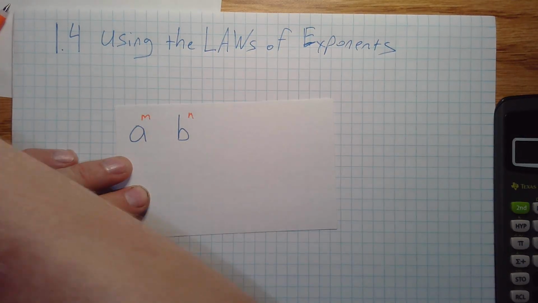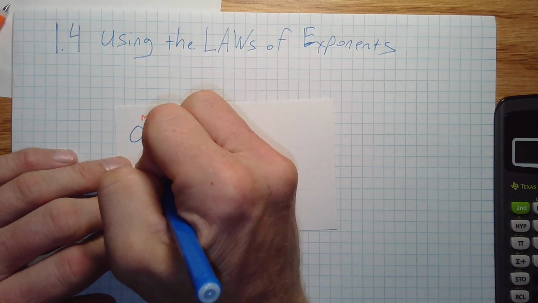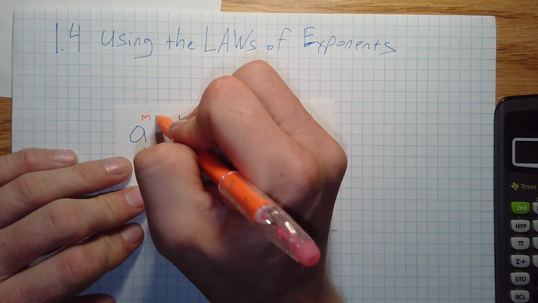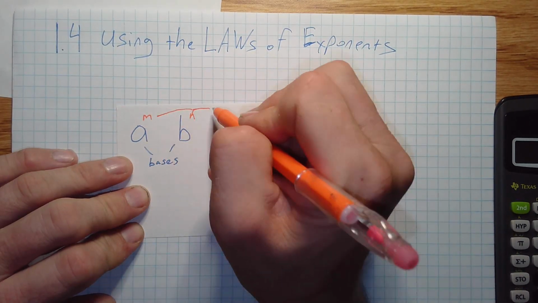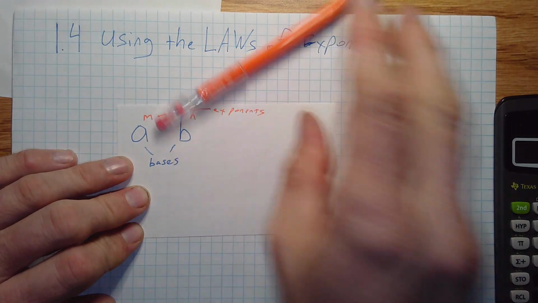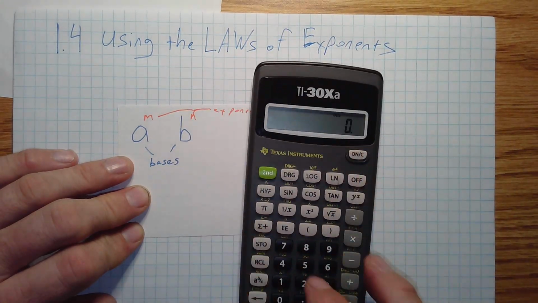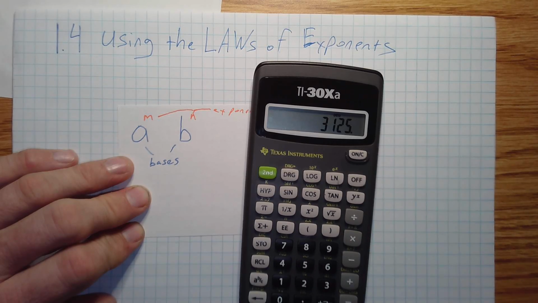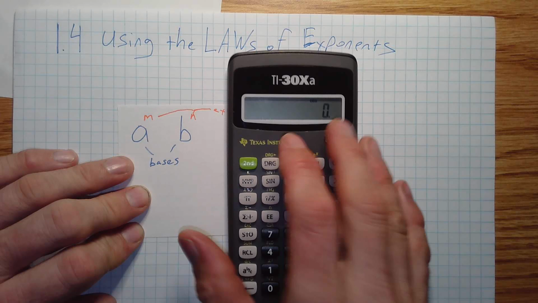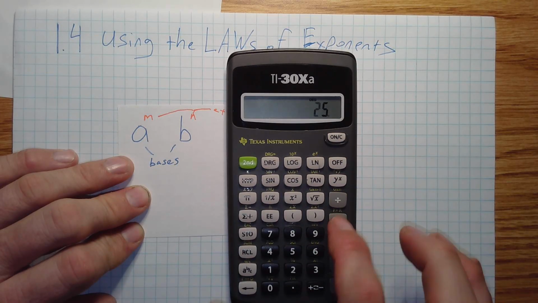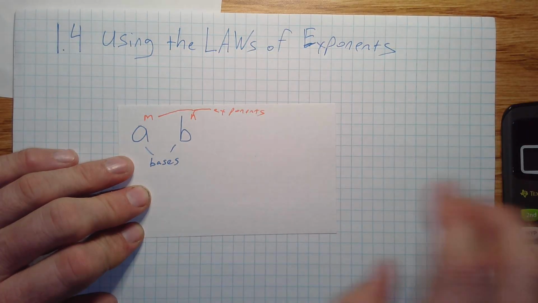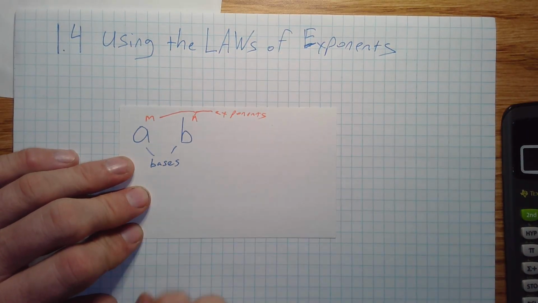So these are the bases, and these are the exponents. Real simply, it's like 5 to the 5th. You multiply the base by itself the number of times the exponent says. So 5 times 5 times 5 times 5 times 5 is 5 to the 5th. Okay, so base and exponents.